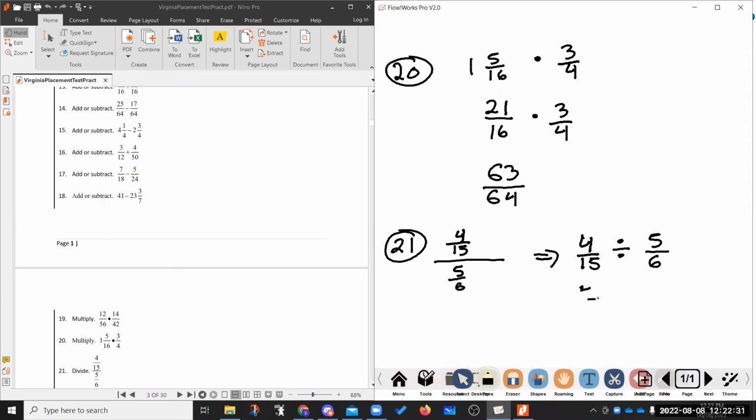So we're going to leave the first fraction alone. We're going to change the division to multiplication, and we're going to multiply by the reciprocal. I see a 3 that's in common here. 3 goes into 6 2 times. 3 goes into 15 5 times. I don't see anything else in common between numerator and denominator. 4 times 2 is 8. 5 times 5 is 25.